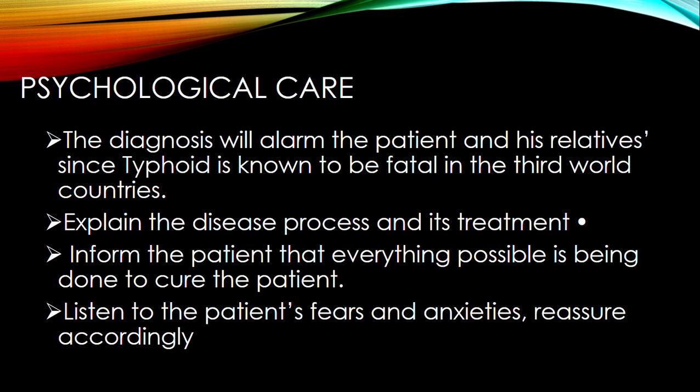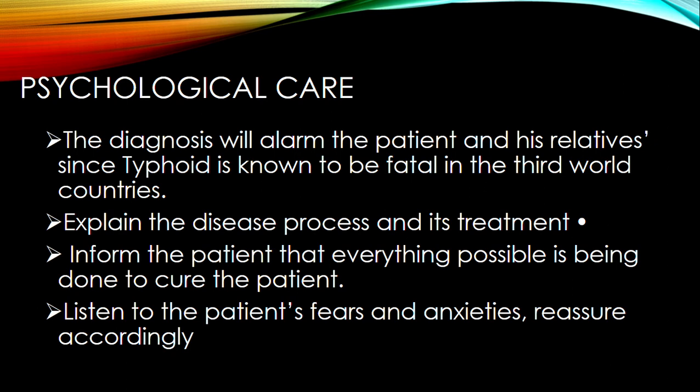So when it comes to psychological care, make sure that you explain the condition and the disease process to the patient and the family members. This is important because it will reduce anxiety and it will also help the family members and the patient to learn more about the disease. So make sure that you introduce yourself to the family and to the patient to gain cooperation.